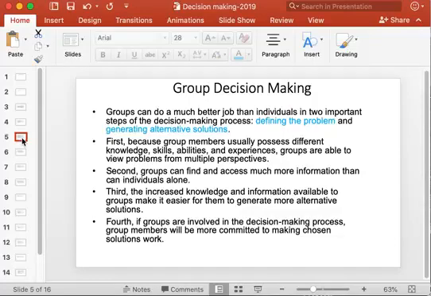Then, moving on to group decision making, groups can do a much better job than individuals in two important steps of the decision making process that you saw in the previous slides, especially in the problem definition step and in the step where you require generating alternative solutions.